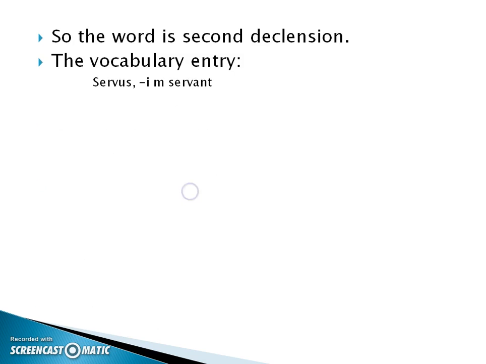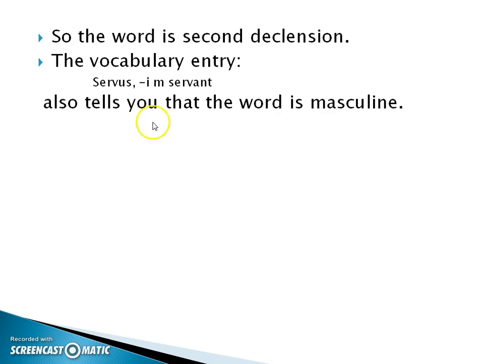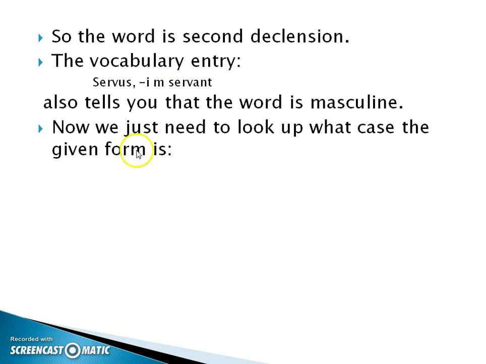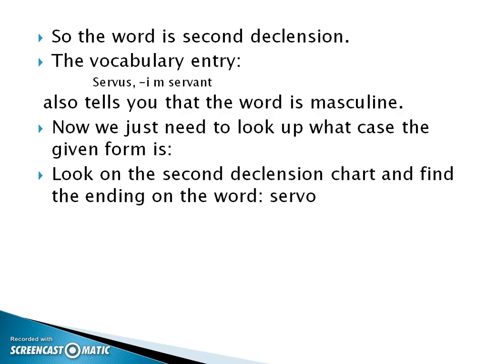So we look at our vocab entry again, servus, servi, masculine, servant, and it tells you that the word is masculine. So the last thing we need to know is what case this form is. We need to look on our second declension chart and find the ending on the word servo.